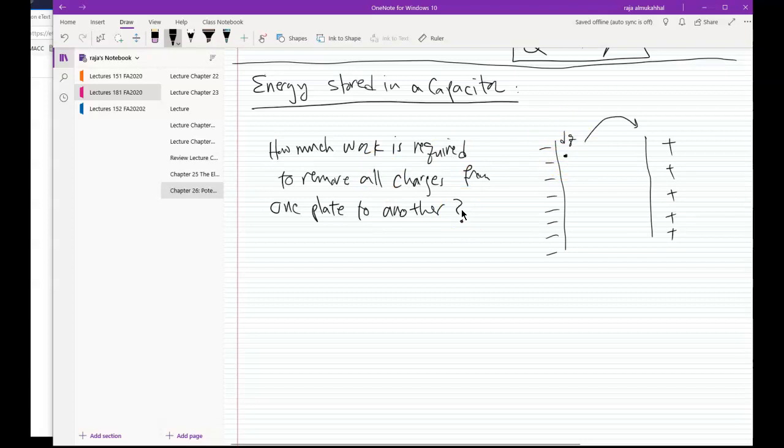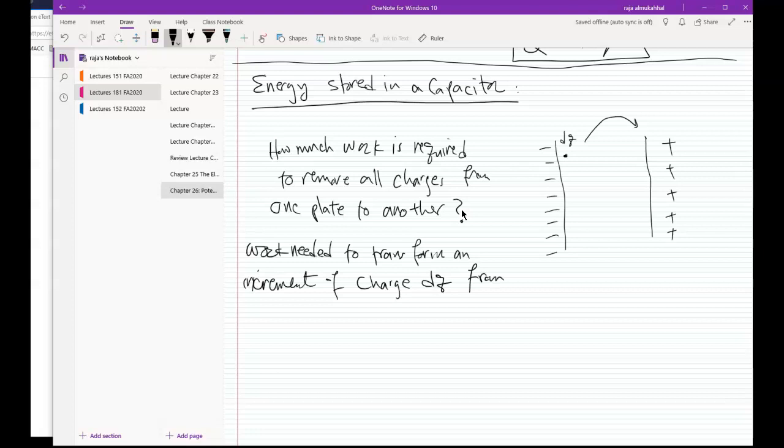So I want to know the work needed to transfer an increment of charge dq from minus q to plus q. Remember, plus q is at a higher potential.